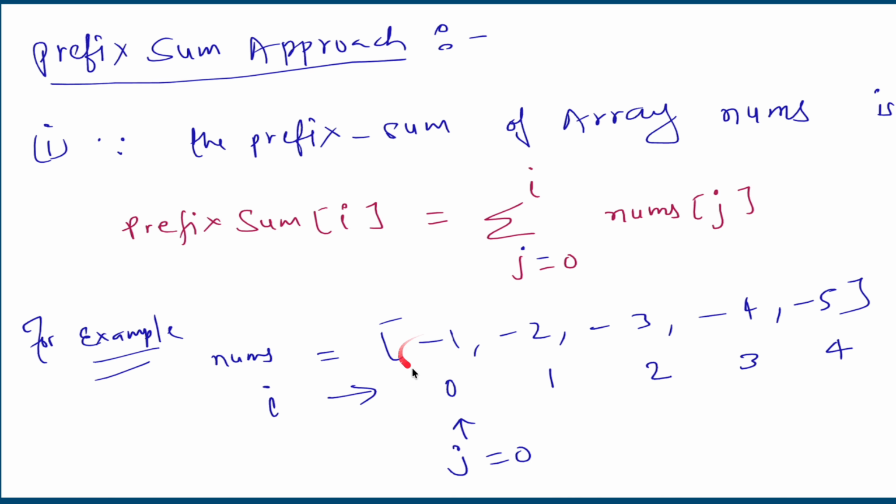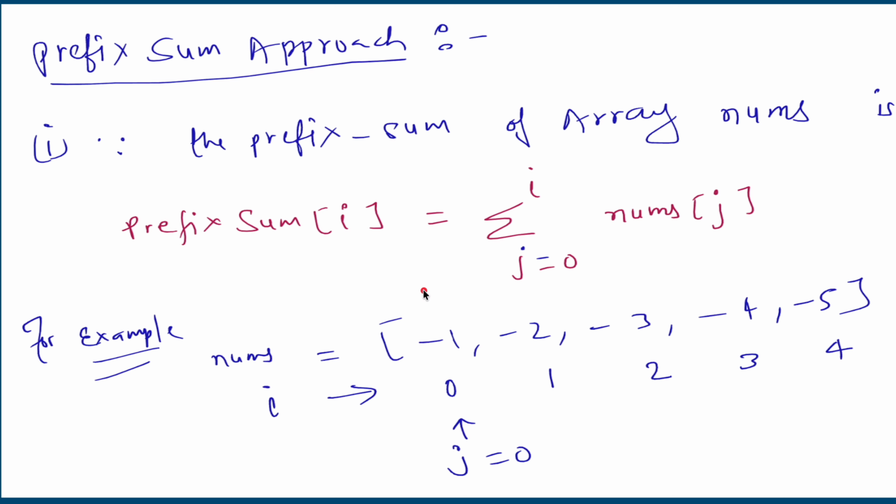Similarly we'll take these 3, these 4, right? Let's consider if we reach here, 3. So from minus 1 to minus 4, what is the value? Minus 1, minus 2, minus 3, minus 4 is minus 10, right? Total sum.